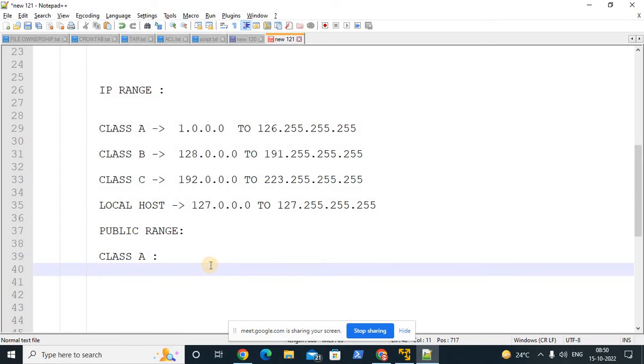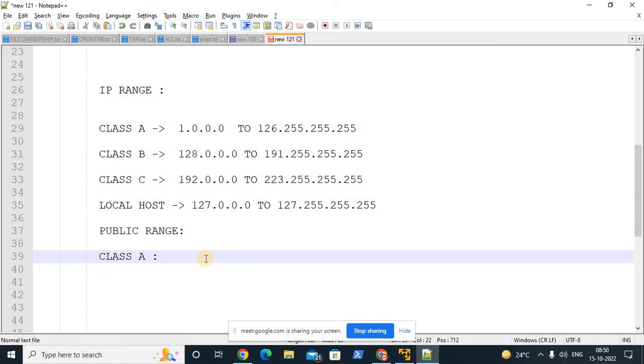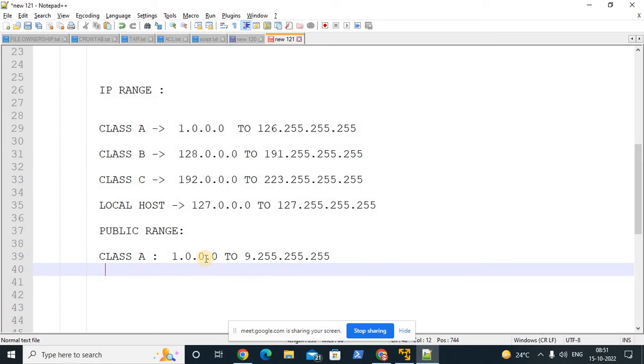Now in Class A, we are discussing the range. The numbers start from 1.0.0.0 to 9.255.255.255, and then 11.0.0.0 to 126.255.255.255.